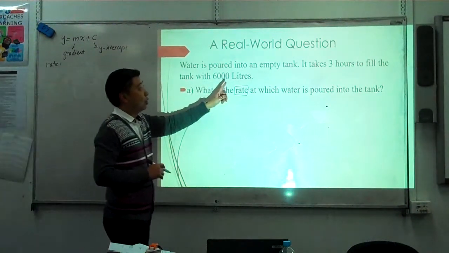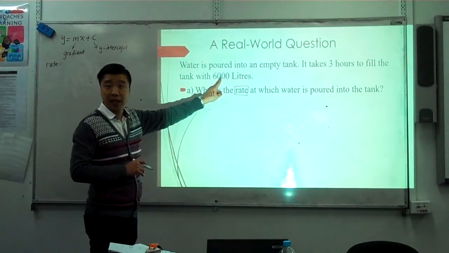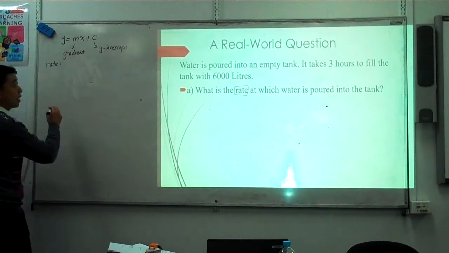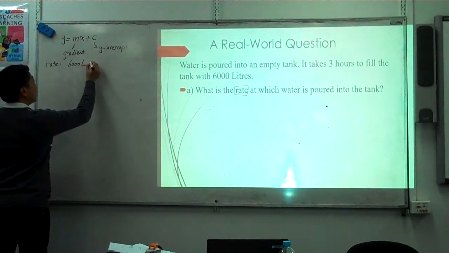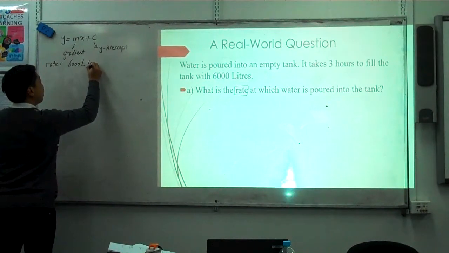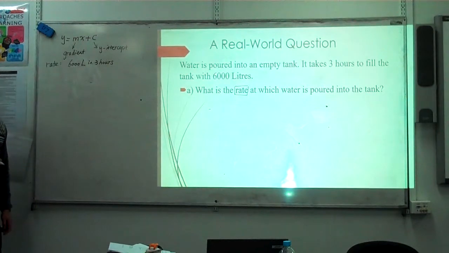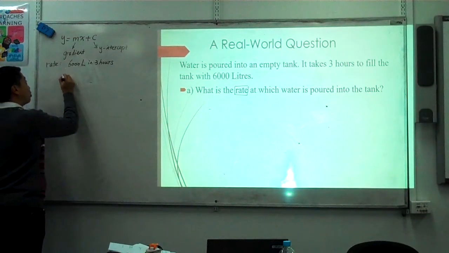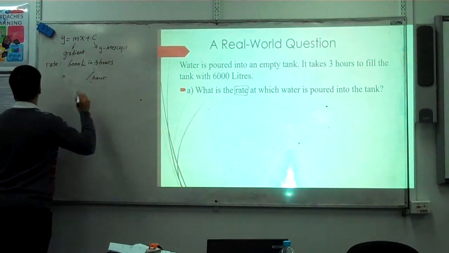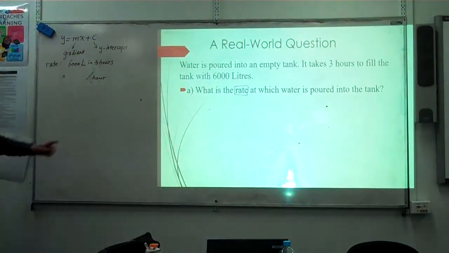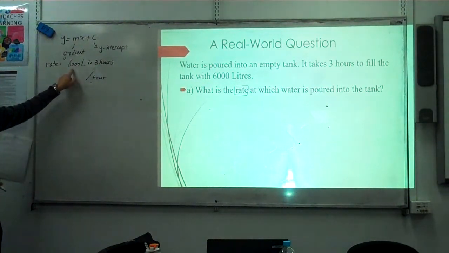For this question, we can say it takes 3 hours to fill that 6,000 liters. So can we say that is 6,000 liters in 3 hours? Now, the rate should be, alright, so we know 3 hours, 6,000 liters.